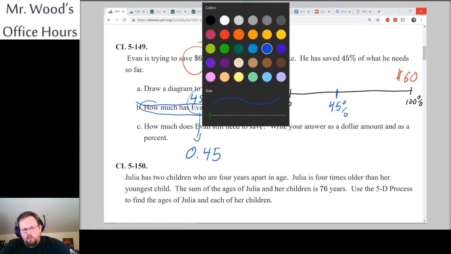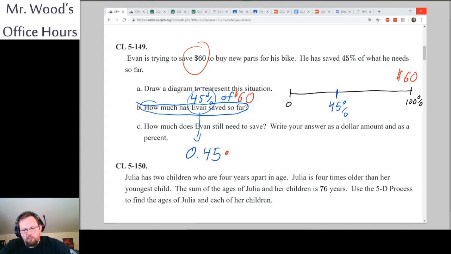And then the math word for "of" means to multiply. And then the 60 goes here. And when you multiply 0.45 times 60, you end up getting $27 is what he has saved. So he has saved $27.